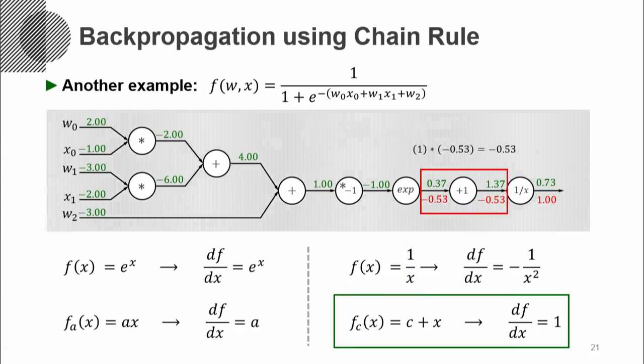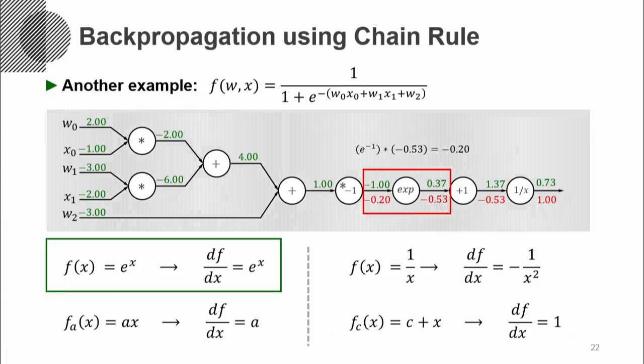Then let's move on to this node, which is represented by 1 plus x. In this case, if we take the partial derivative with respect to x, it will be just 1, and the gradient value will be just duplicated here.